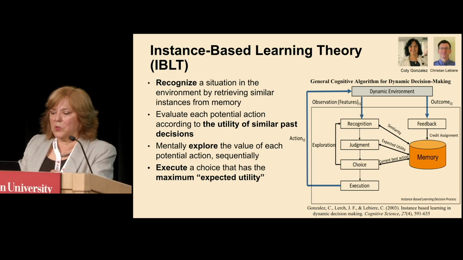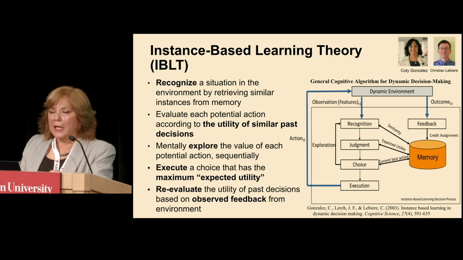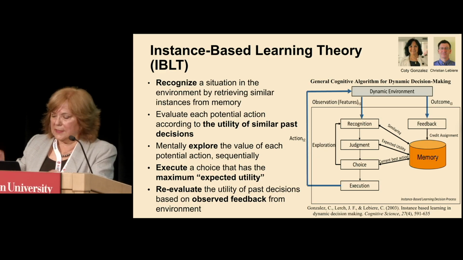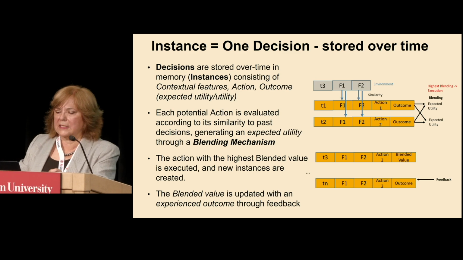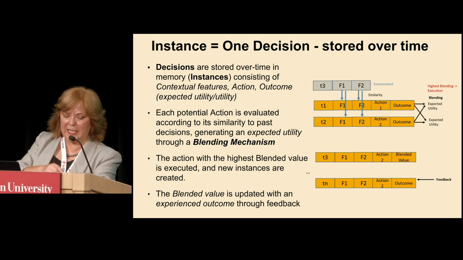I'm going to be more precise here in a minute. And then we reevaluate those decisions that we made by using the observed feedback from the environment and updating our instances in memory.